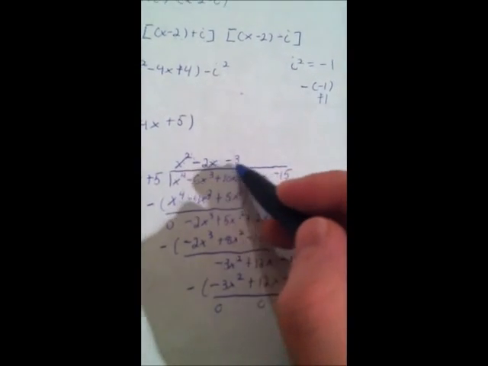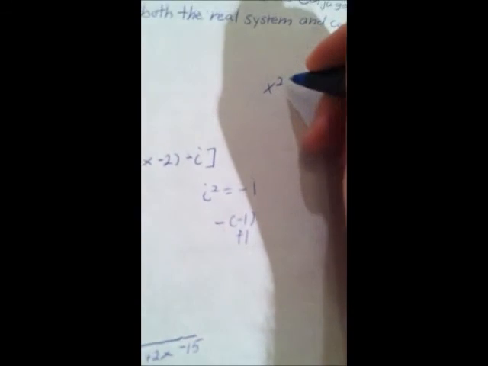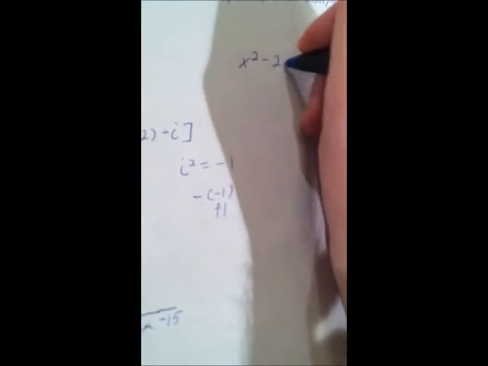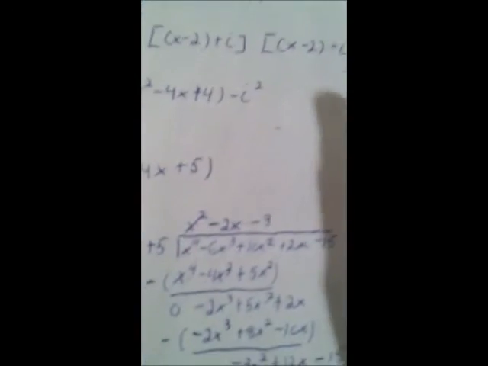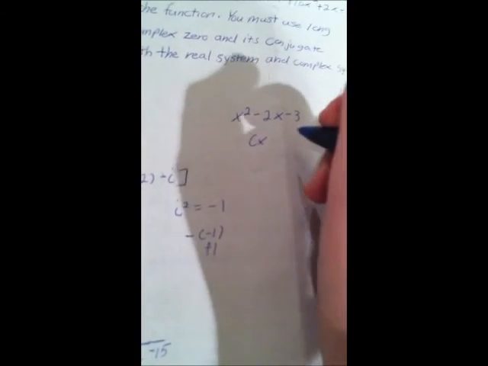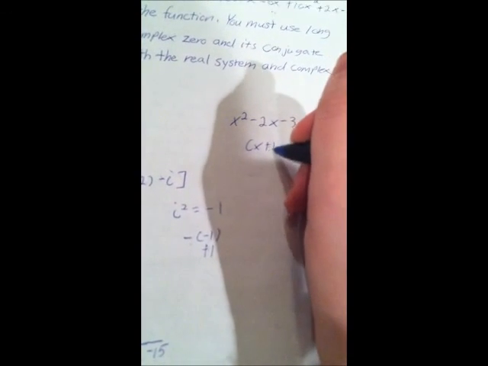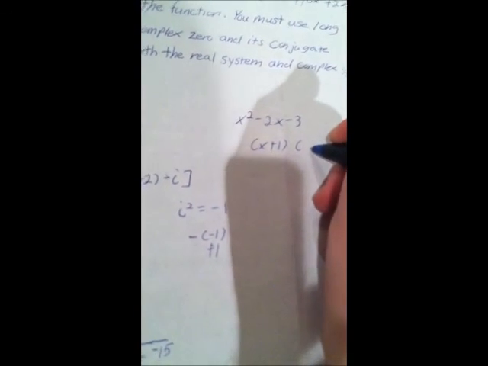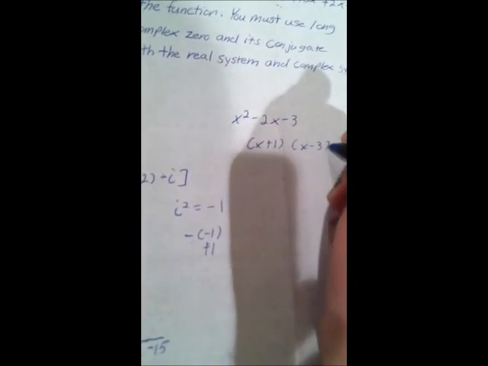I'm gonna take this term right here and rewrite it right here. So we got x squared minus 2x minus 3, just like up here, and we gotta factor it, get the factors of it. So we take x plus 1 and x minus 3, factor real nice.